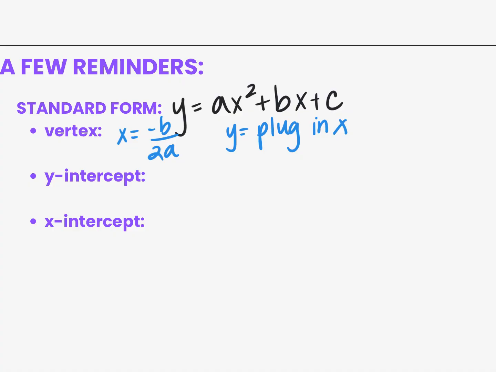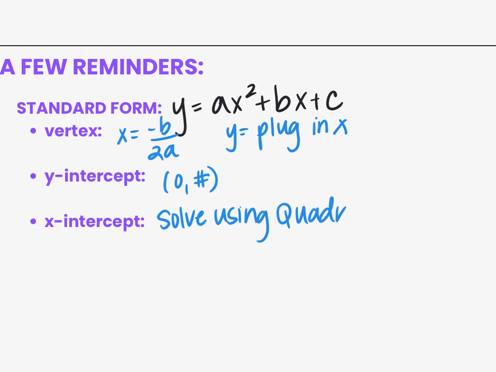To find the y-intercept, it's going to be 0 and a number, so we can either plug in 0 or know that when we plug in 0, all that's going to be left is c. So it's that c value. And what's new from before is we can now find the x-intercepts. And we're going to solve for those using the quadratic formula.